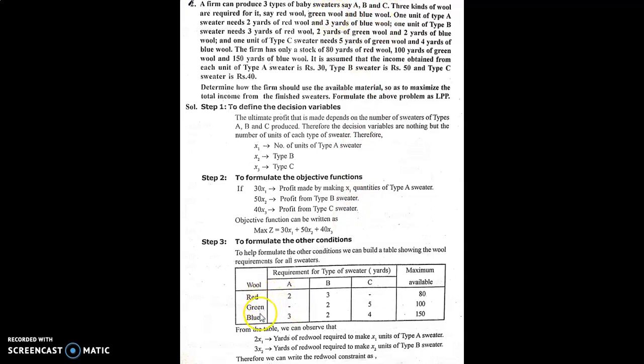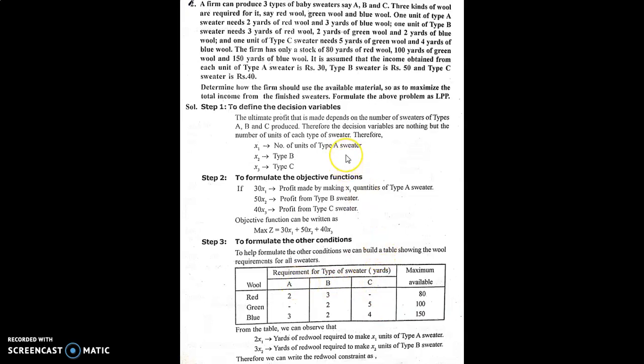So different kinds of wool, that is different colors, are required. Type A sweater requires red and blue. Type B sweater requires all the colors: red, green and blue. And type C requires only blue and green. So from these colors these types of sweaters are manufactured.